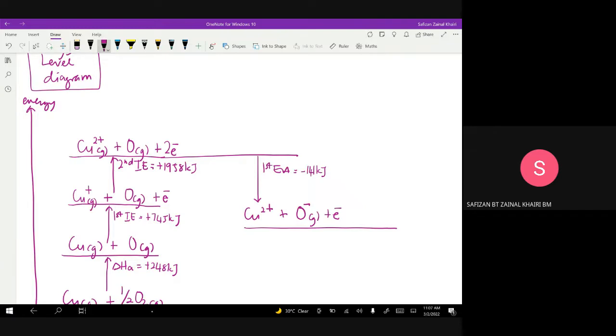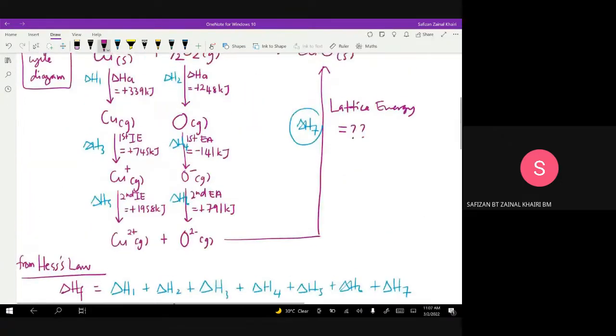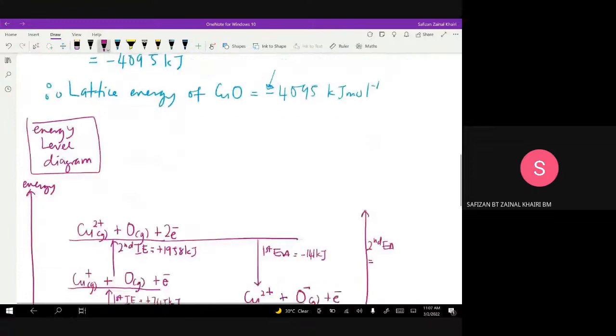Okay. Next, kita nak jadikan daripada oksigen -1 to become oksigen -2. So arrow tu ke atas semula sebab nilai dia second electron affinity adalah positif. Okay, berapa tadi nilai dia? Second EA tadi nilai dia adalah positif 791.